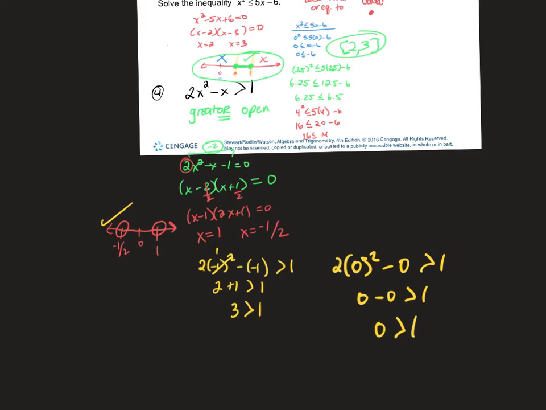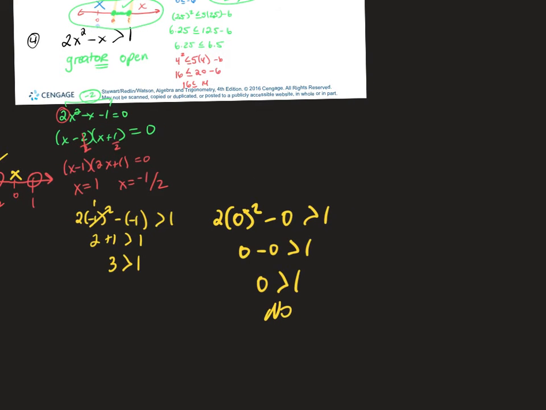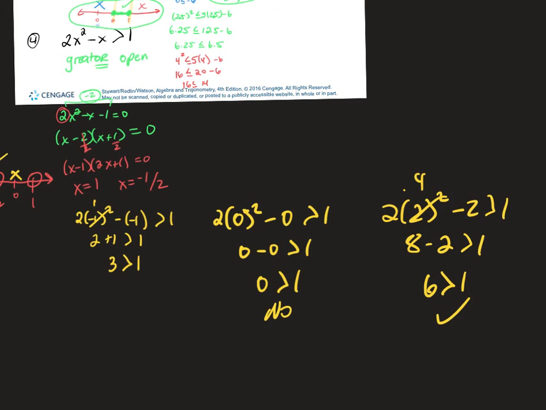Is 0 greater than 1? No. So the middle doesn't work. Now let's pick a number to the right of 1. 2, okay. 2 times 2 squared minus 2 greater than 1. 2 squared is 4. 4 times 2 is 8. 8 minus 2 is 6 greater than 1.